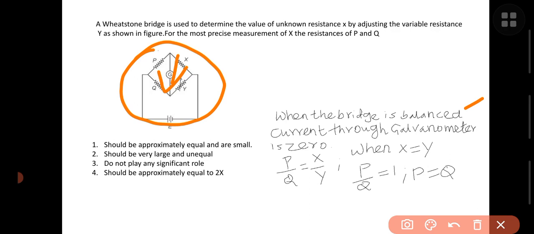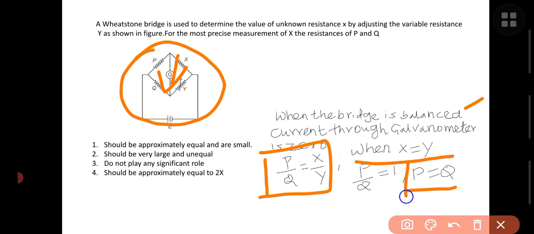Writing the equation at the balanced condition, we get P by Q is equal to X by Y. When X is equal to Y, we get P by Q is equal to 1, that is, P is equal to Q. So the right answer for this question is should be approximately equal and small.